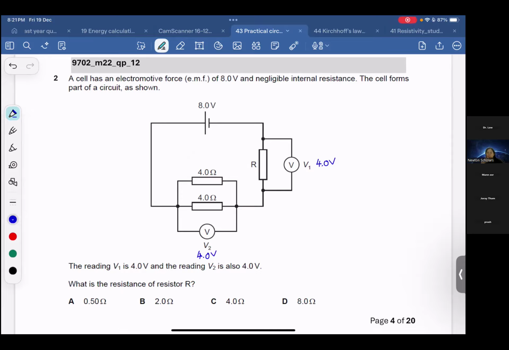Actually, no calculation is needed. You should be able to give me the answer. V1 and V2, the voltmeters show the same reading. Then what must be the same? Then can you deduce what resistor R is?